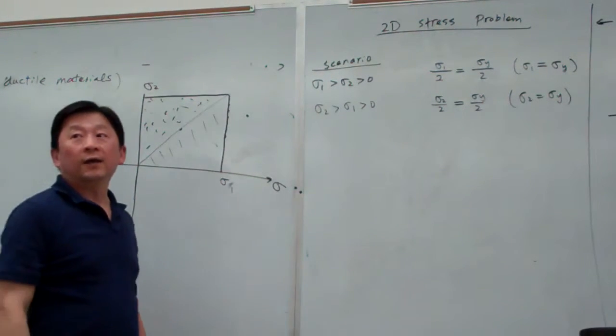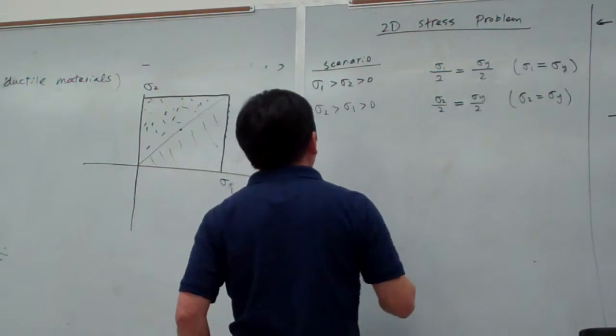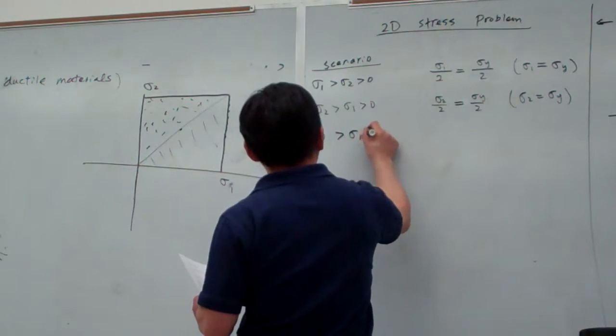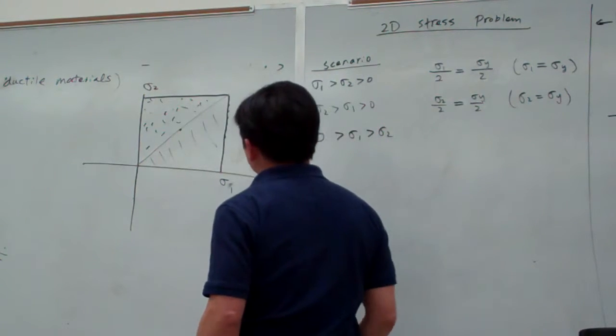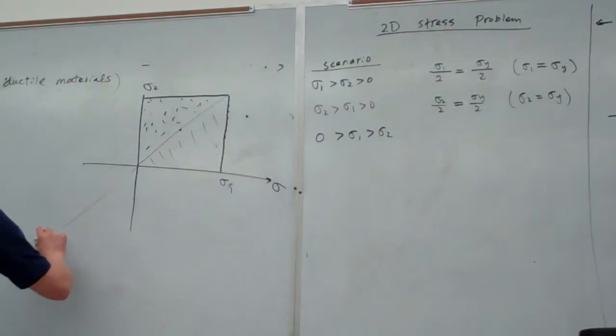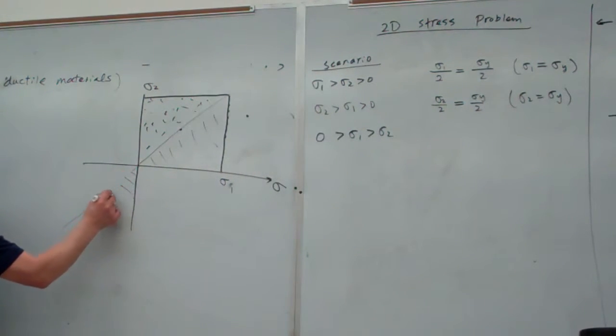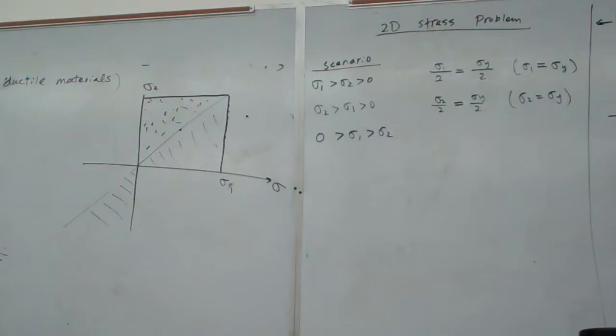Okay, and then the next one we can try is this one. So that means here we're looking at this domain. Okay, so the third scenario is looking into this space.